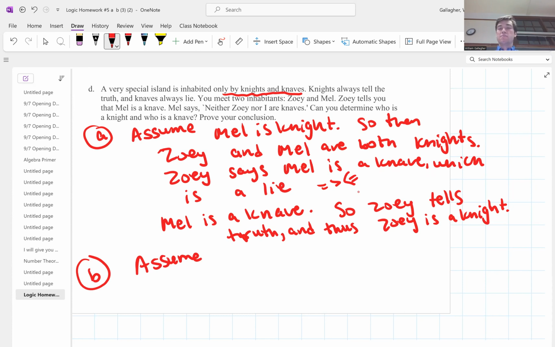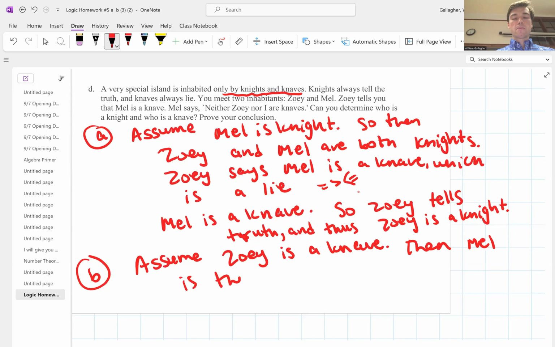Because Mel would be a knave, but it's okay that Mel lies because she's a knave. So I'm going to assume that Zoe is a knave. Okay, and if Zoe is a knave, then if Zoe says that Mel is a knave, then Mel is the knight.